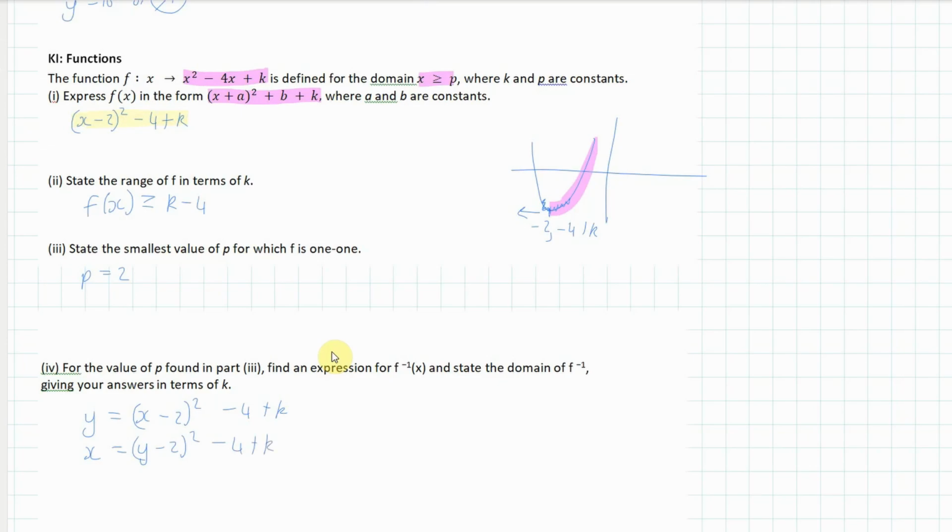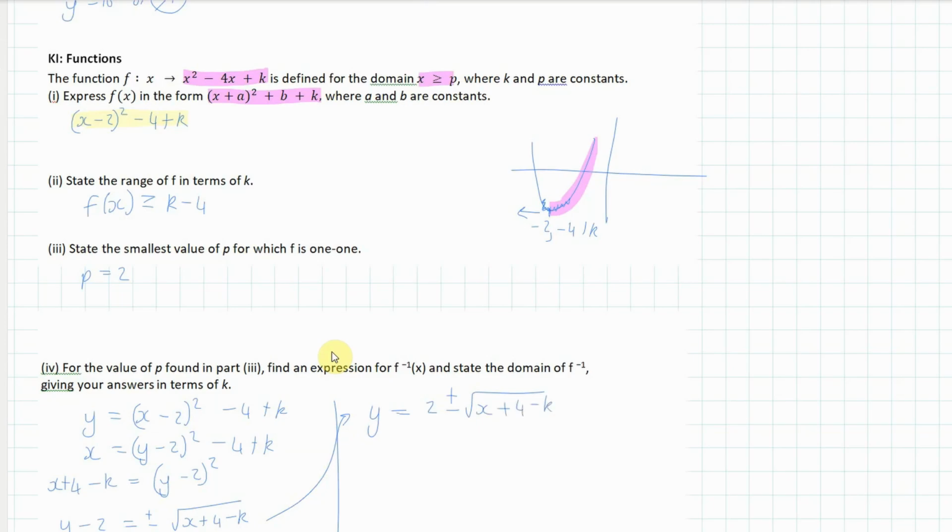Now I'm going to bring everything across to the right hand side, so I'll have x plus 4 minus k equals y minus 2 all squared, and then I'll take the square root of both sides. So we'll get plus or minus the square root of x plus 4 minus k. Let's take this over to here, and so we'll get y equals 2 plus or minus the square root of x plus 4 minus k.